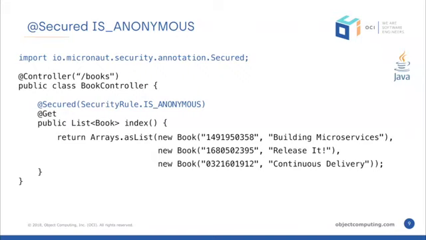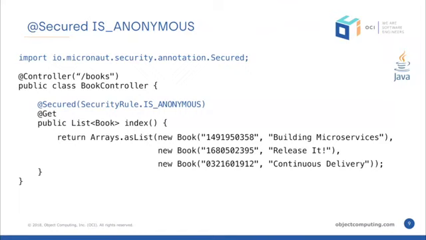We have one annotation called @Secured, which you can qualify either with roles, which we'll see later, or with some expressions. There is one expression, which I normally like to use directly, the constant SecurityRule.IS_ANONYMOUS.